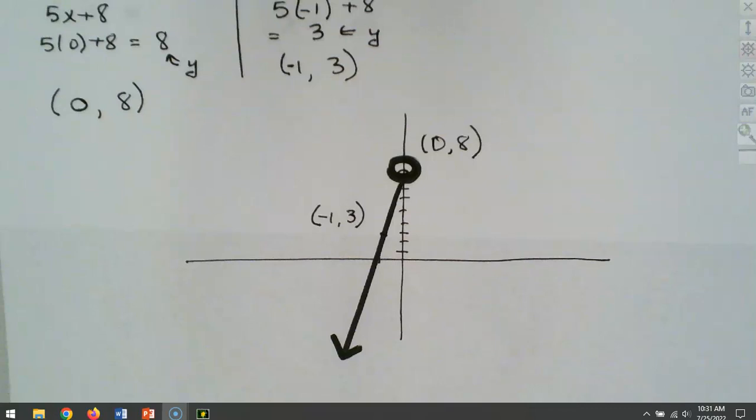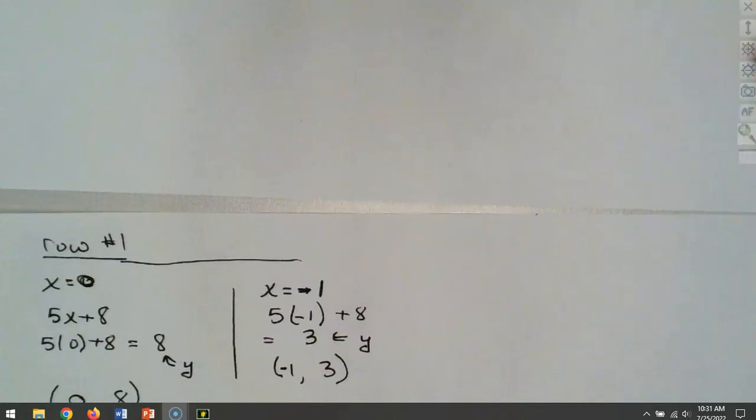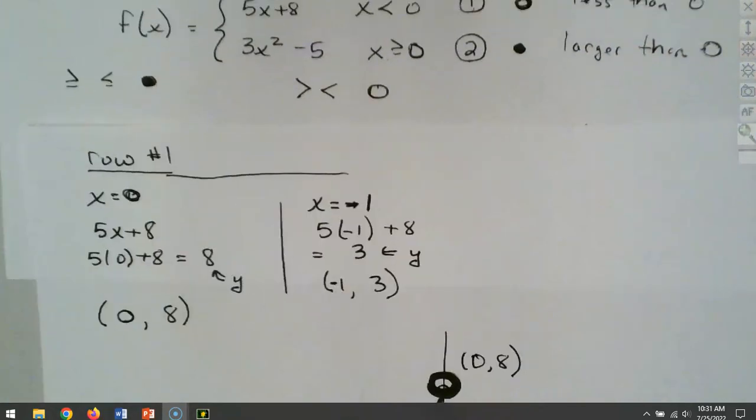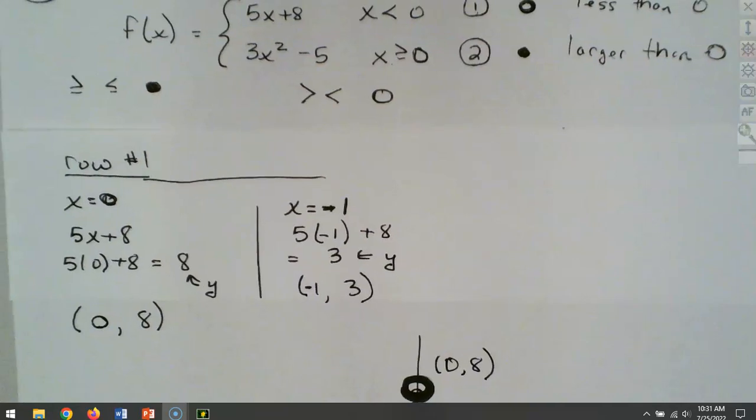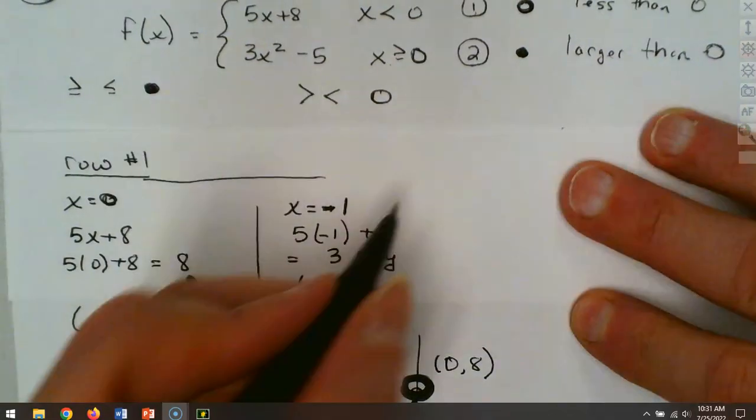Okay, there's that piece. Now, we need to repeat the same process with the second row. So when we go back up here and look, what's our second row? Our second row is a square, and it says it's 3x squared minus 5.